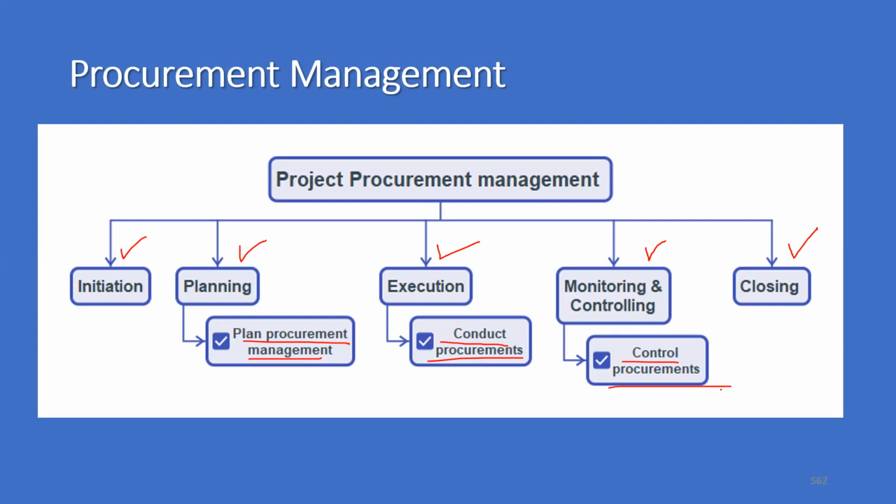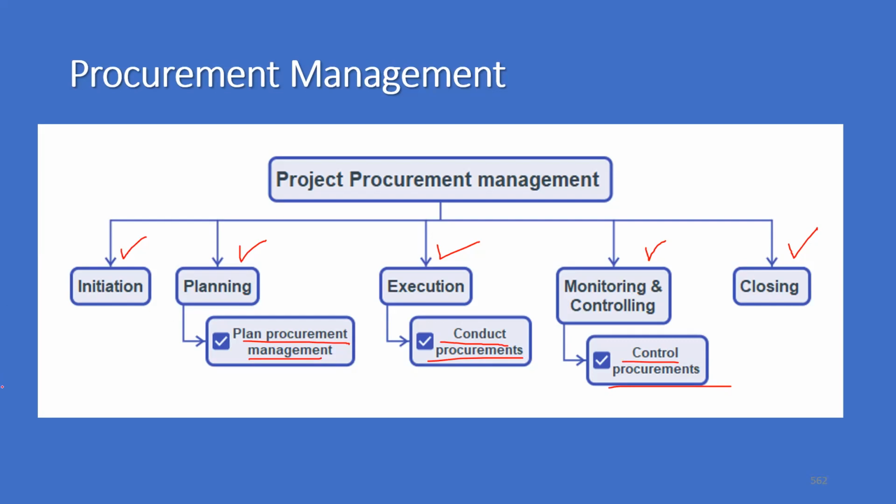So throughout the project, we should closely monitor and control procurements. There can be quality issues, schedule issues, cost issues, supply chain disruptions due to external or internal factors, and payment issues. So we have to continuously monitor and control our procurement activities.